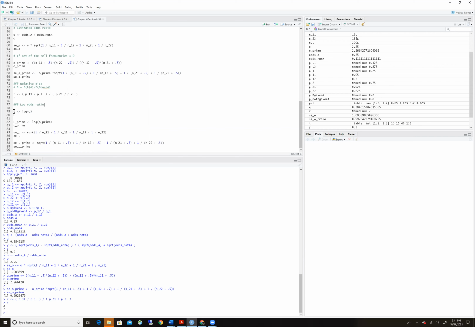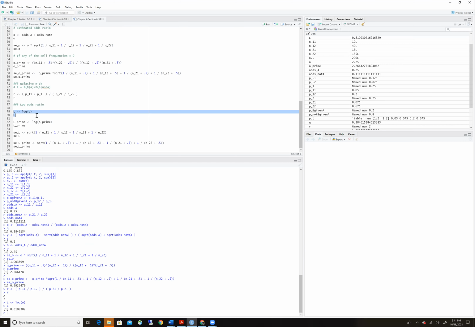So first, you should know that in R, the default for the log is a natural log. If you want this to be log base 10, you would have to specify the base. So don't get confused here. This is a natural log by default.